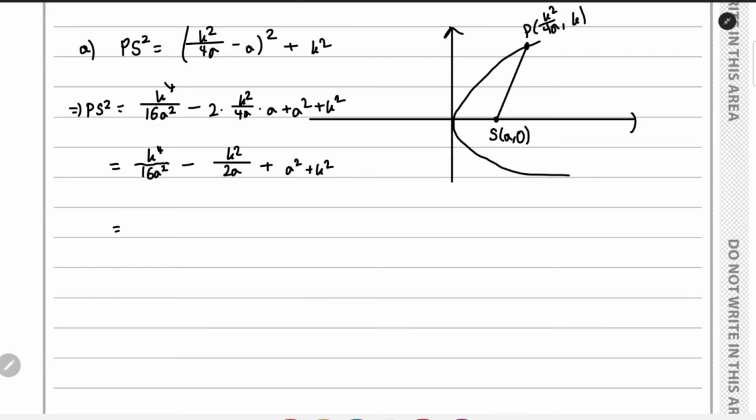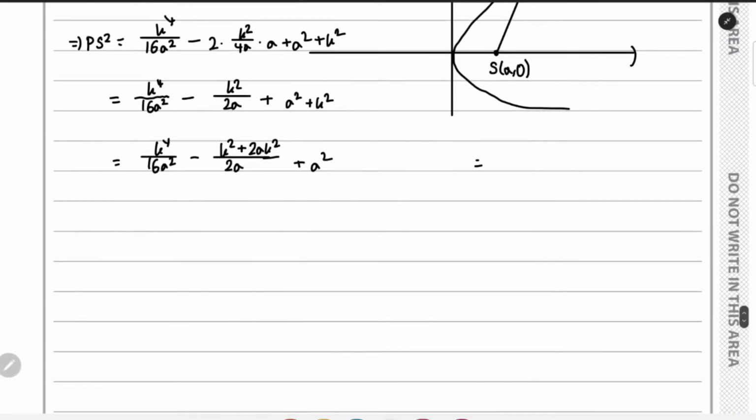Now we can separate them in terms of k. We'll have k to the power 4 by 16a square minus k square by 2a plus k square plus a square. We can take a common denominator of 2a over here. Now we can take 16a square to be the common denominator of this term.